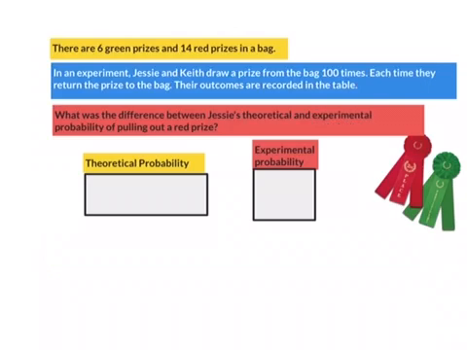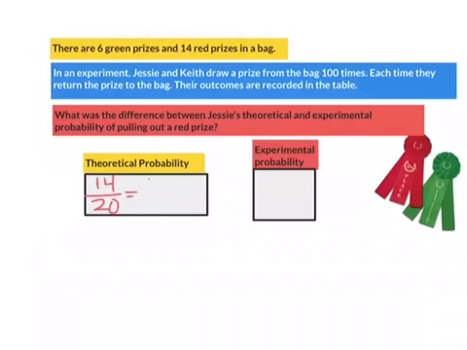Now, we want to figure out what was the difference between Jessie's theoretical probability and her experimental probability for pulling out a red prize. So if we remember all the way back to the beginning, the theoretical probability of pulling out a red prize was 14 out of 30. That's what should happen.